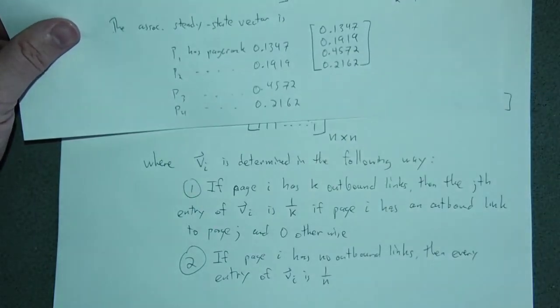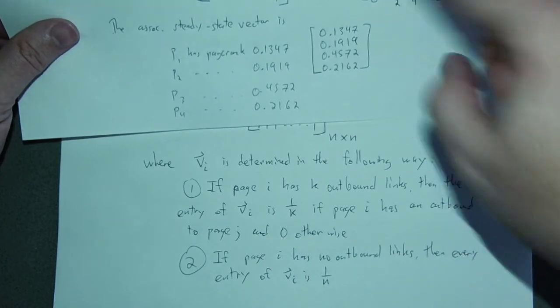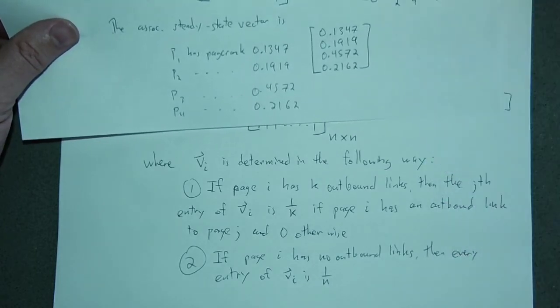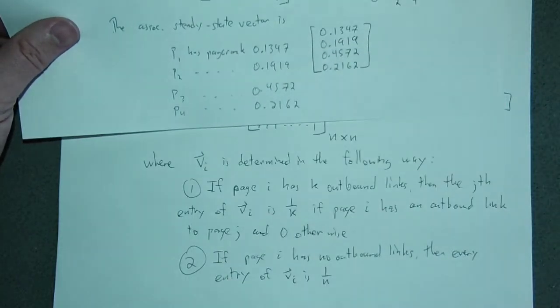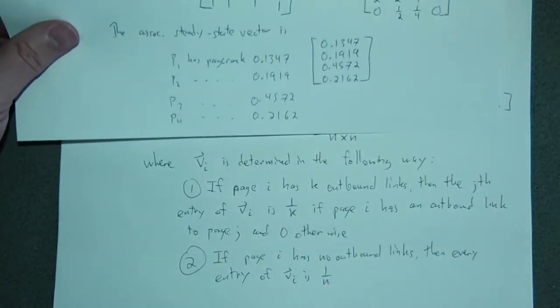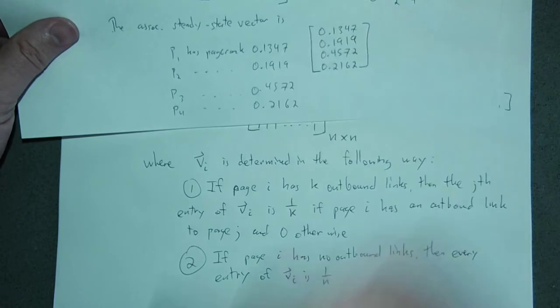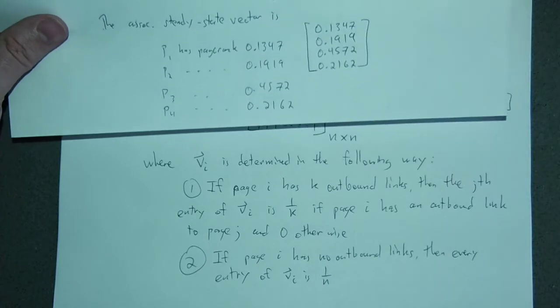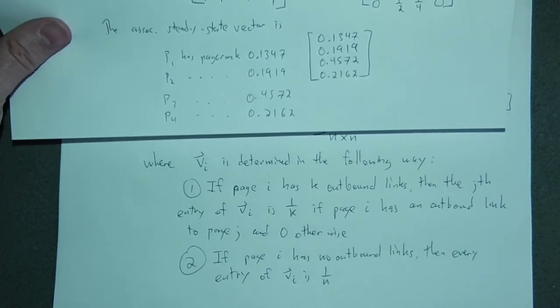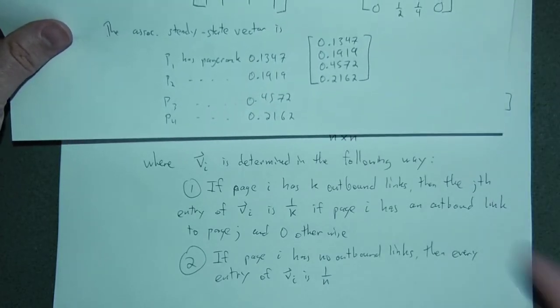It's because page 1 links to pages 2 and 3. So in the second column, the only entries that are non-zero are the third and fourth, and that's because page 2 links to pages 3 and 4.